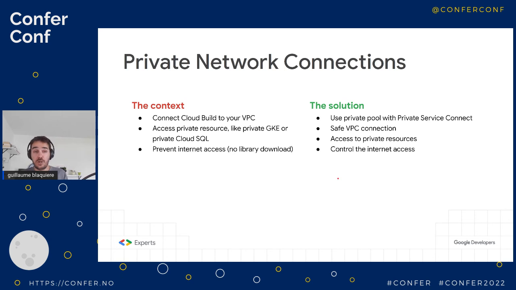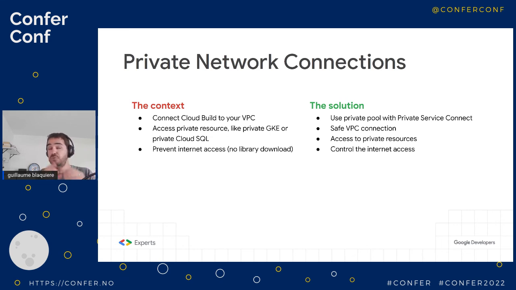Why? Because you have a private VPC, you have a VPC dedicated to your project in the Google Cloud project and serverless world. You can perform a safe peer between this private pool and your VPC because it's dedicated to you. It's not shared as before by many customers.